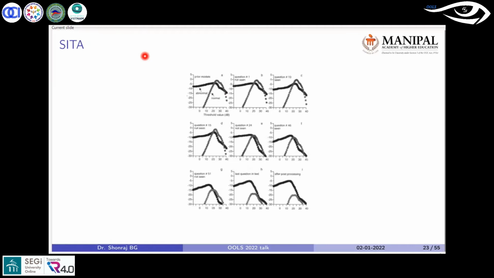Now the CETA, like I told you, is a combination of a Bayesian-based and a staircase-based test procedure. The exact working principle of CETA, no one knows because it's proprietary, and we don't know exactly how it works. But we do have a fair idea.